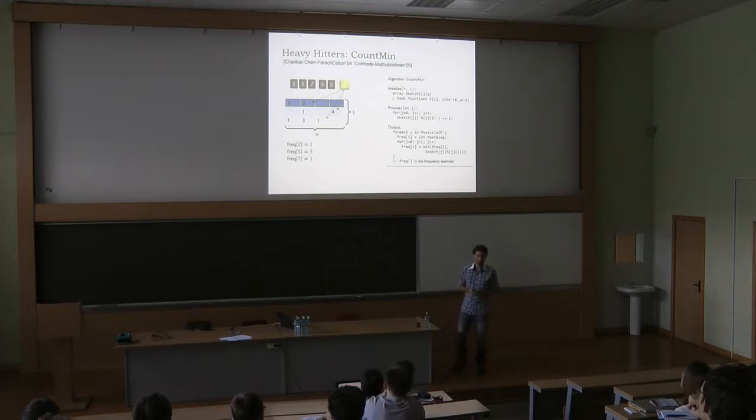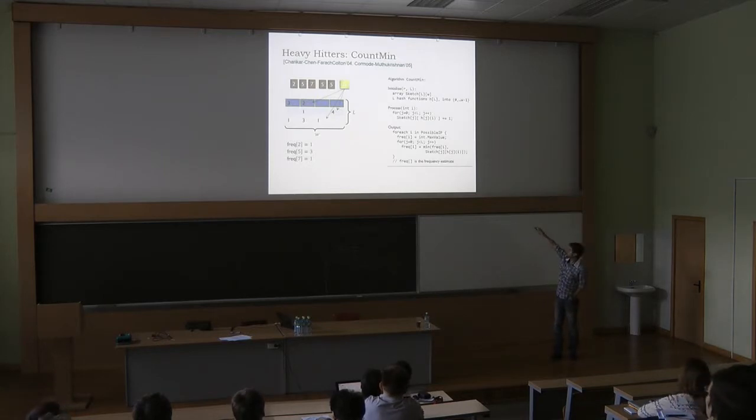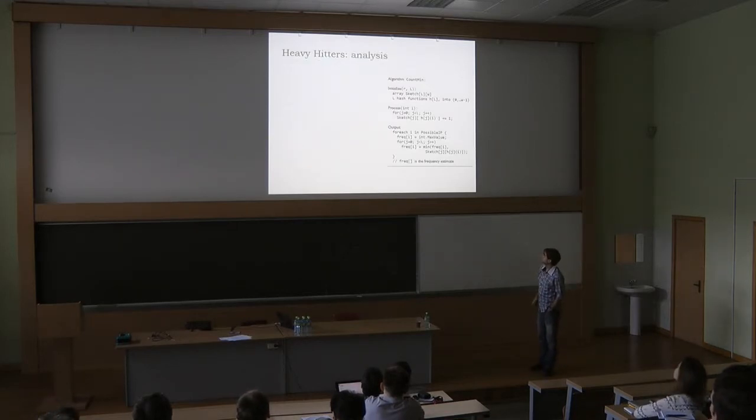It's a great question, something I wanted to sweep under the carpet, especially if you do want to find heavy hitters, you do hit this problem. You don't want to iterate. That's true.